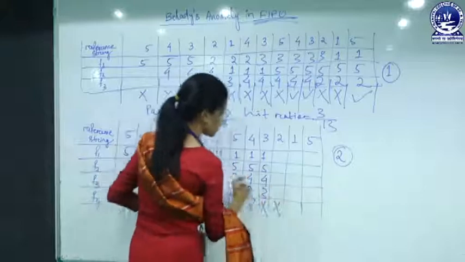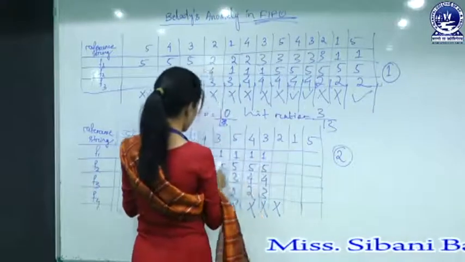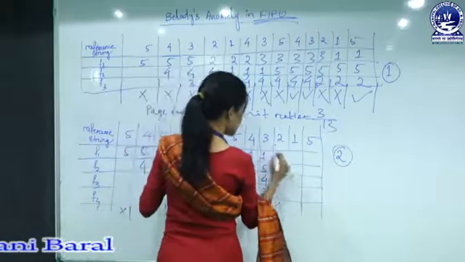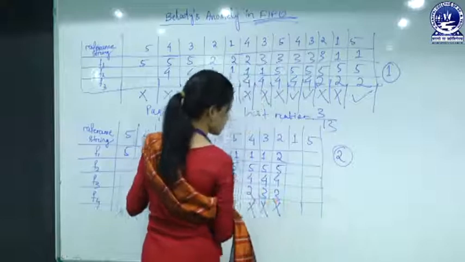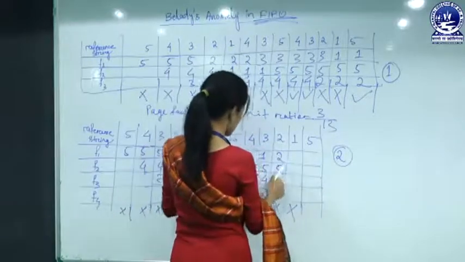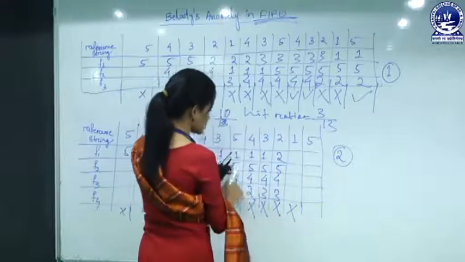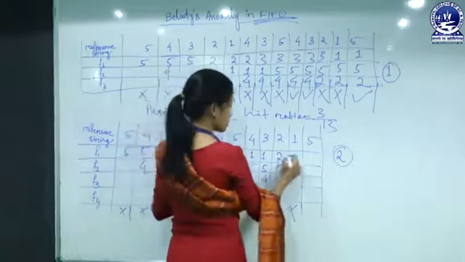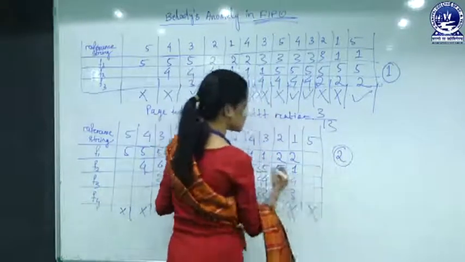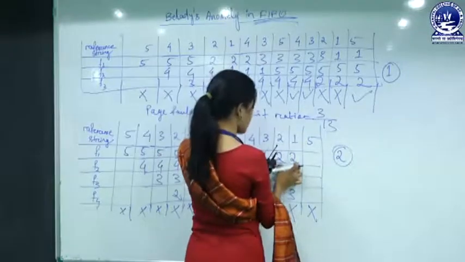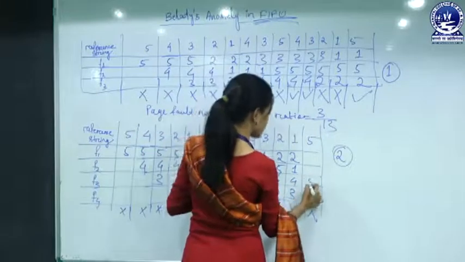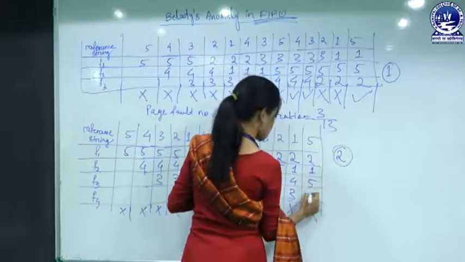Again there is a page fault, so 1 is replaced by 2: 2, 5, 4, 3. Again there is a page fault, so 5 is the oldest one, replaced by 1: 2, 1, 4, 3. Again there is a page fault, so 4 is replaced by 5: 2, 1, 5, 3.